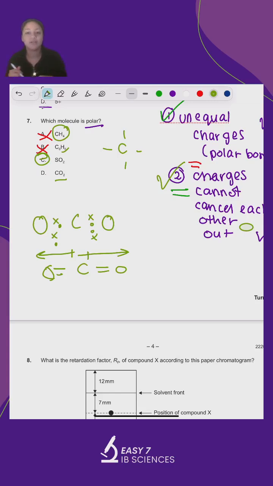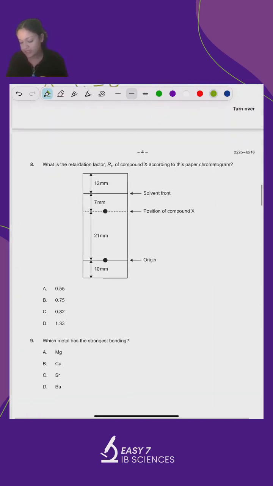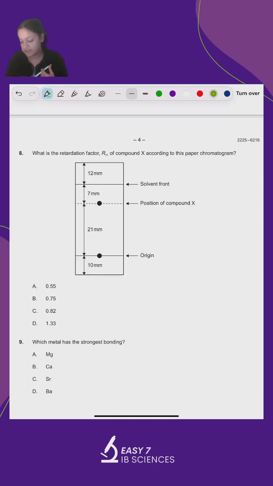This is the SL May 2025 paper. Question 8. What is the retardation factor of compound X according to this paper chromatogram? What do we think? Anyone know how to calculate the RF?